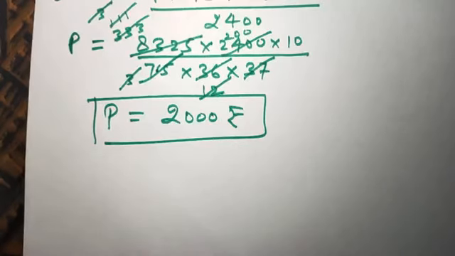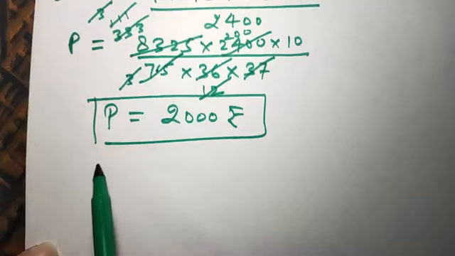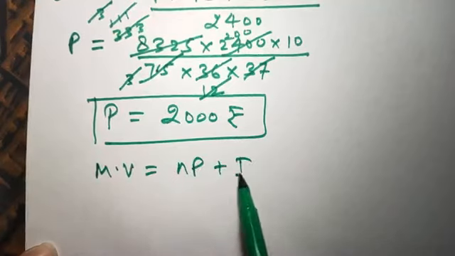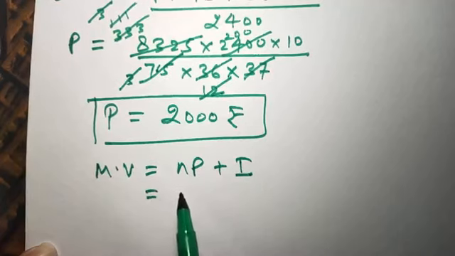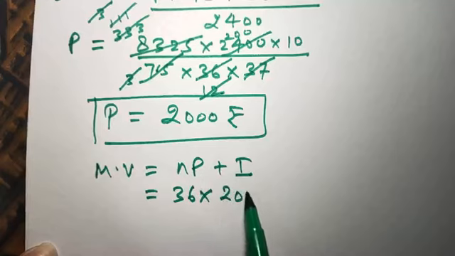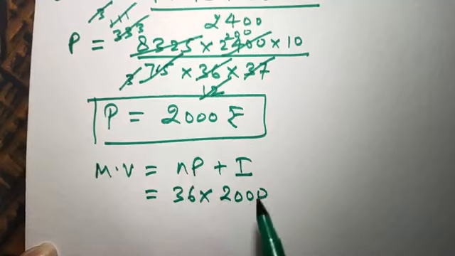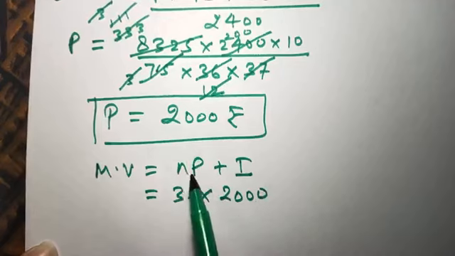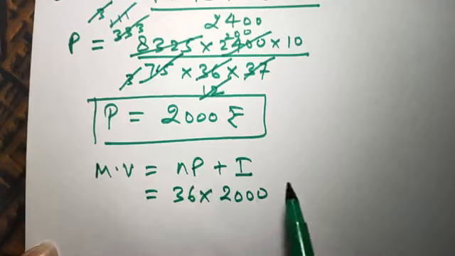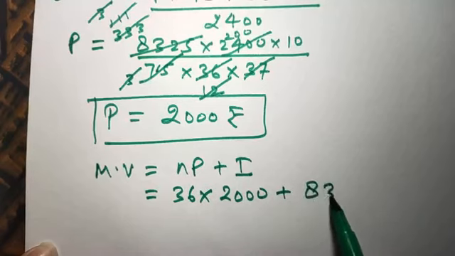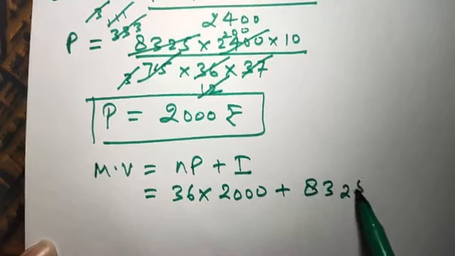Now we have to find the maturity value also. So here maturity value is NP plus I. Now N is already provided in the question, 36, and P you calculated, 2000. Here I simply put in the value of P, and I is also provided, 8325.